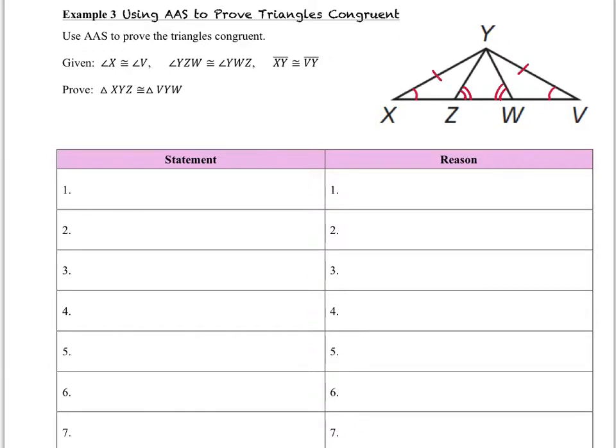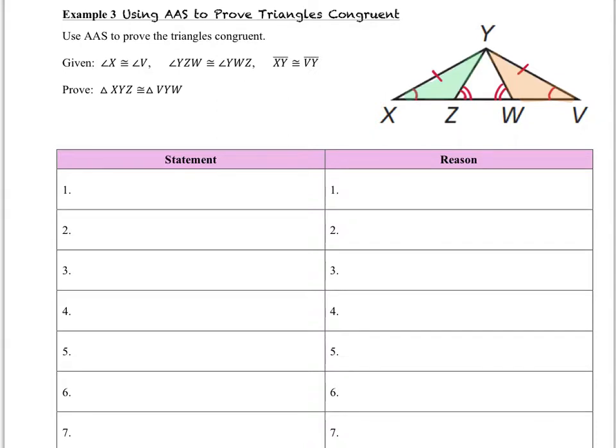Now we've got everything. The one thing that I want to add to our diagram is what we're trying to prove. And we're trying to prove that triangle XYZ is congruent to triangle VYW. So as we look at the information on our diagram, we see some things that might be useful.